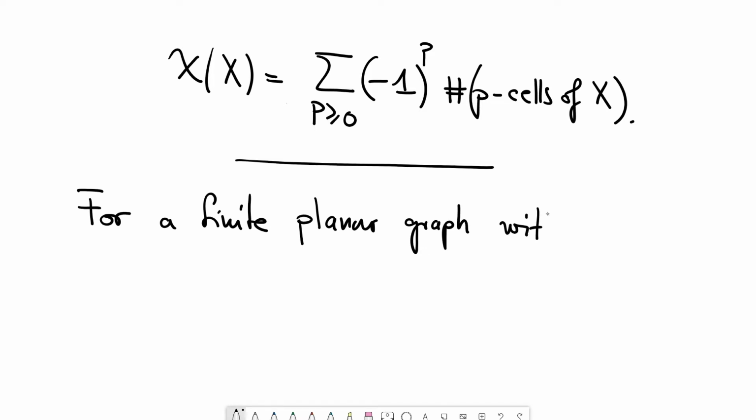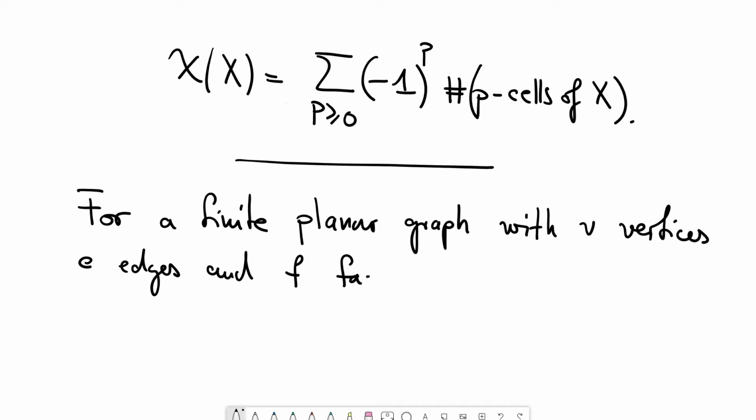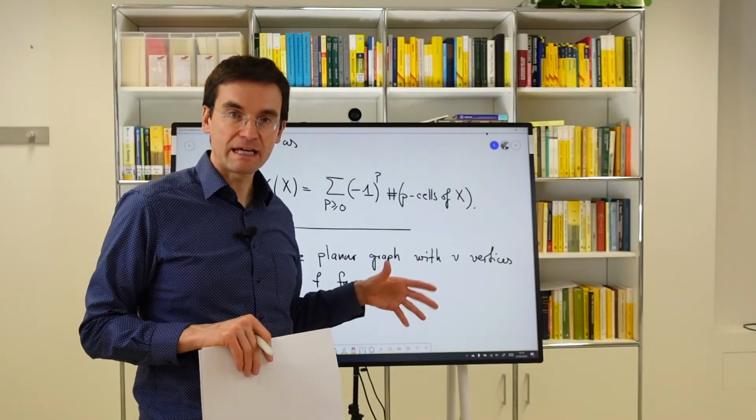So for a finite planar graph with V many vertices, E edges, and F faces, the planar graph partitions the plane into areas.